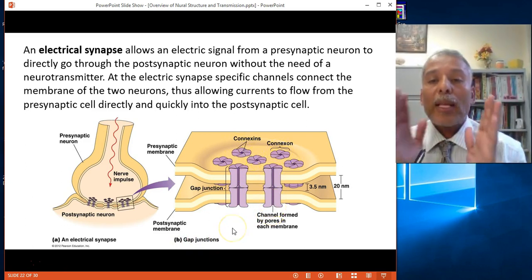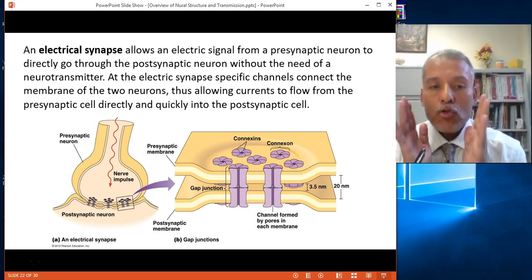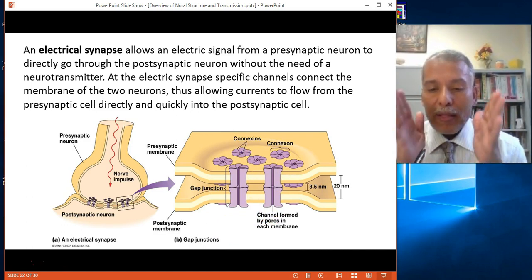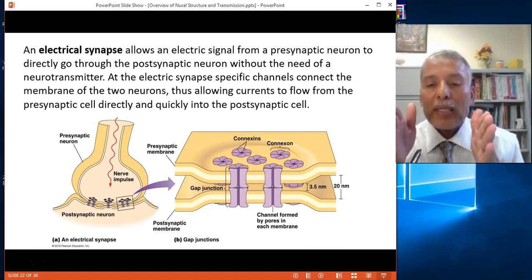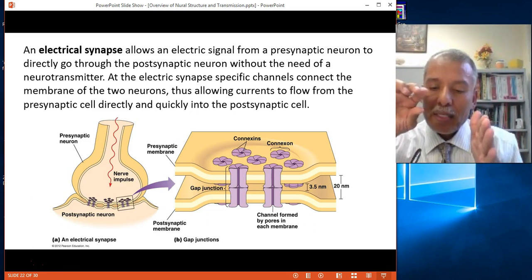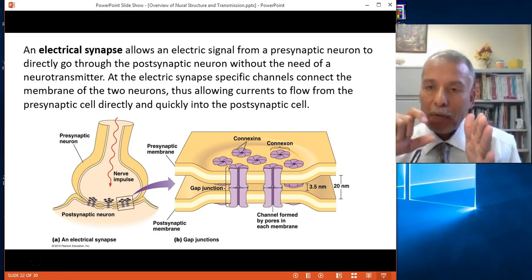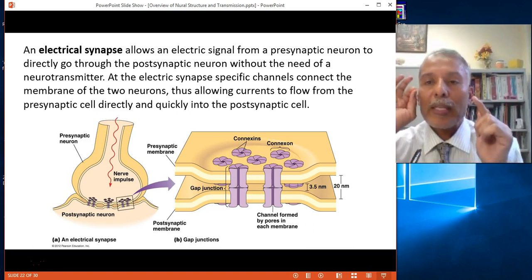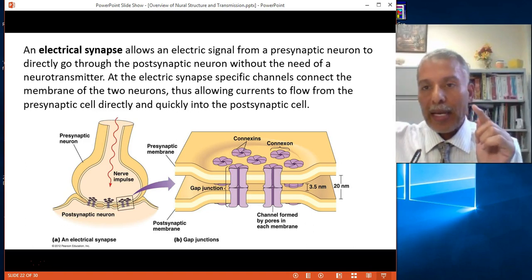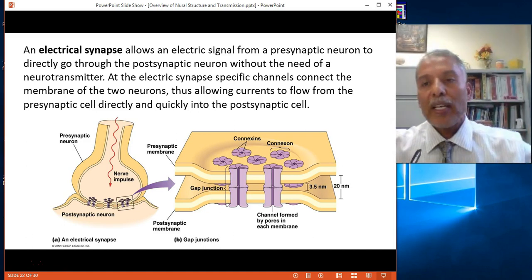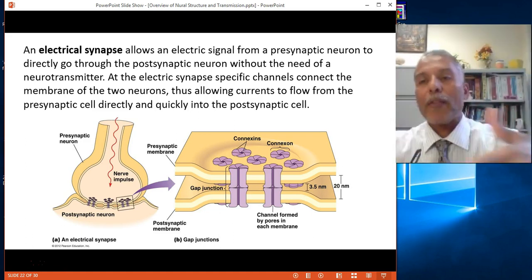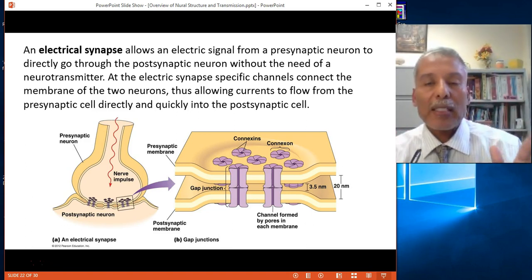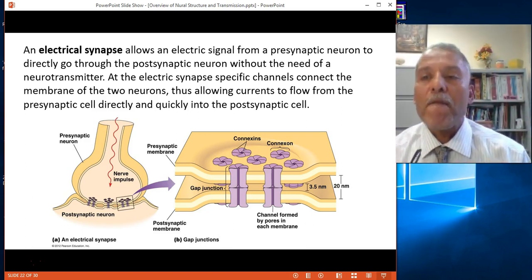So again, in the electrical synapse, the fluid inside of a cell, a neuron, is connected directly with the fluid of the other cell. So when the electric signal comes in, it doesn't need agents. It goes directly from the cell into the other cell, and very, very quick.